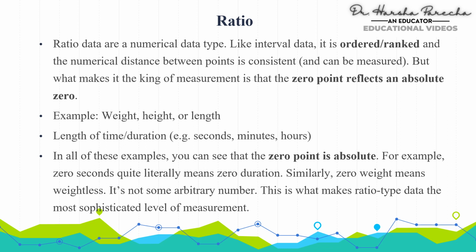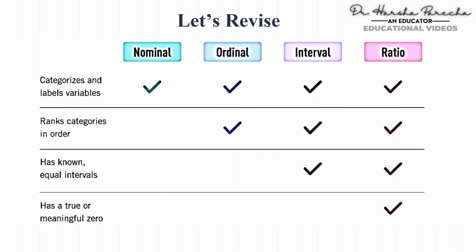I hope you understood the types of data. Let us do a quick revision. In the case of nominal data, these are categories, you can put labels on them. In the case of ordinal data, again these are categories, you can label them as well as give ranks to them.